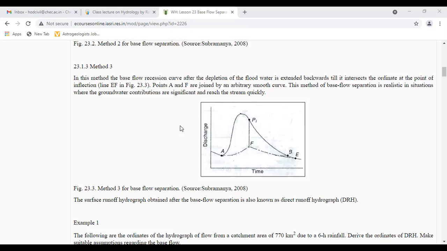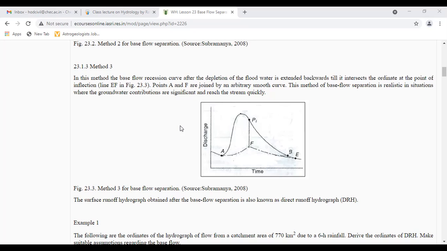These differences are probably unimportant as long as one method is used consistently. The hydrograph obtained as the difference between the total runoff hydrograph and the base flow separation line is called the direct runoff hydrograph.